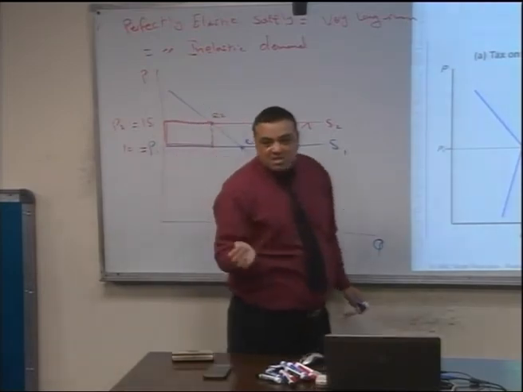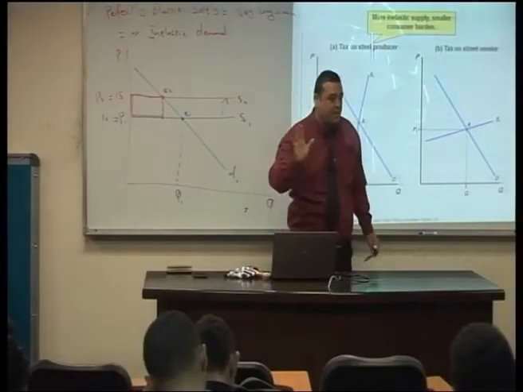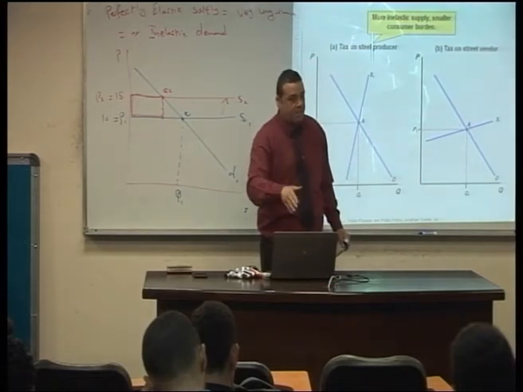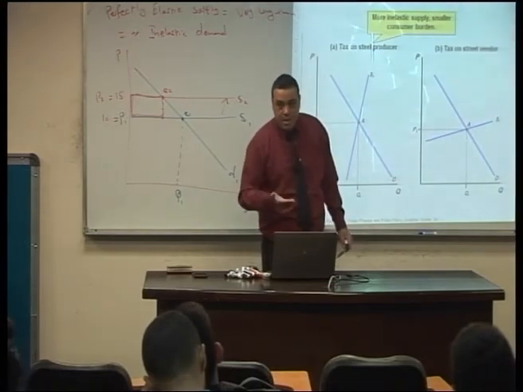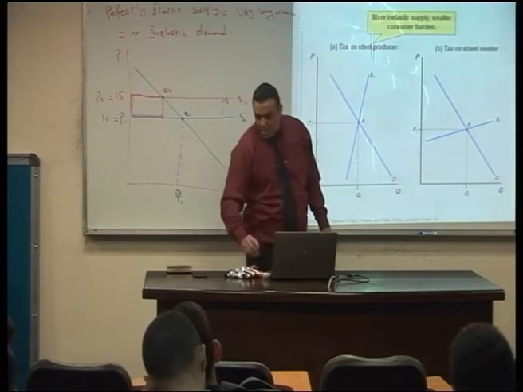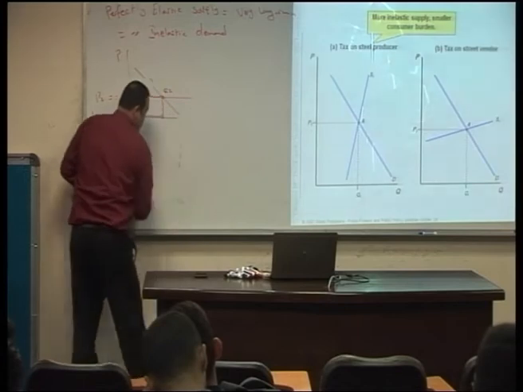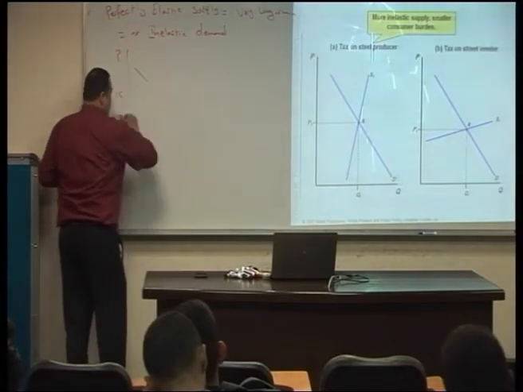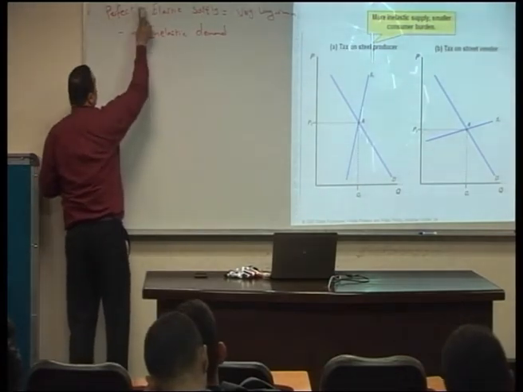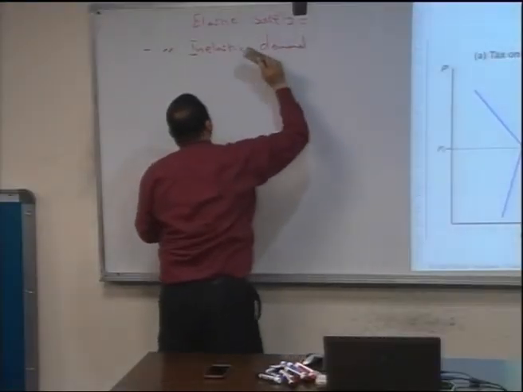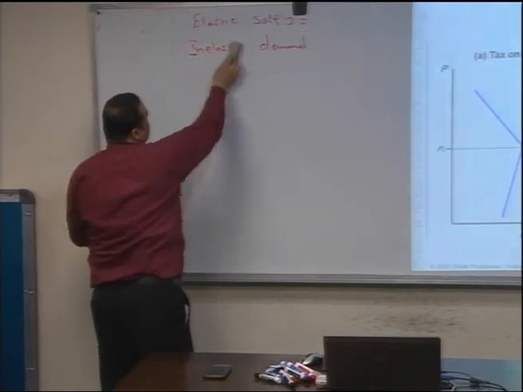supply is unitary elastic بيساوي unitary elastic demand، 50-50 بتنشال. تمام. والlast case لما بيكون السبلاي is unitary elastic، يعني هنا unitary elastic supply equals هذا بالميد تيرم unitary elastic demand.